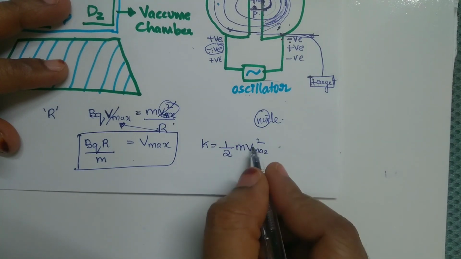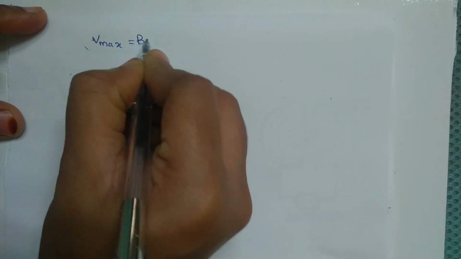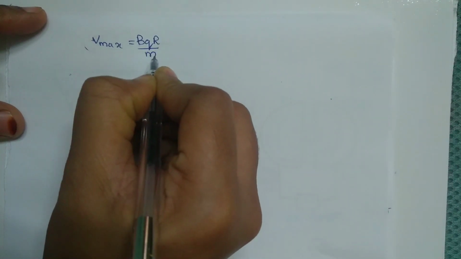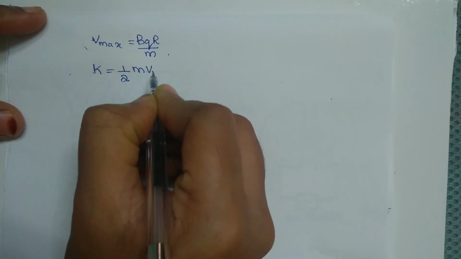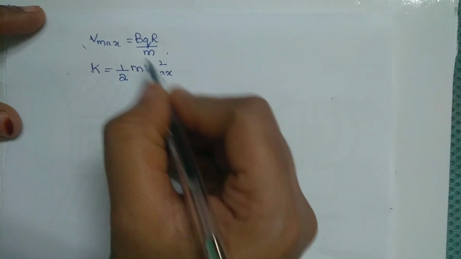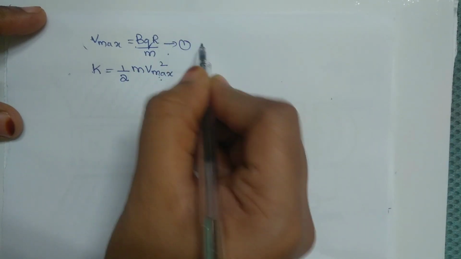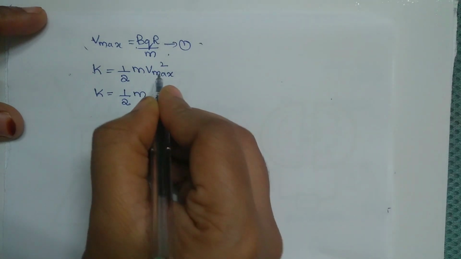Now we have two equations: V max equals BQR divided by M, and kinetic energy equals half m V max square. You can substitute the value of velocity from this equation. So the kinetic energy equation will become half m times, what is V max?